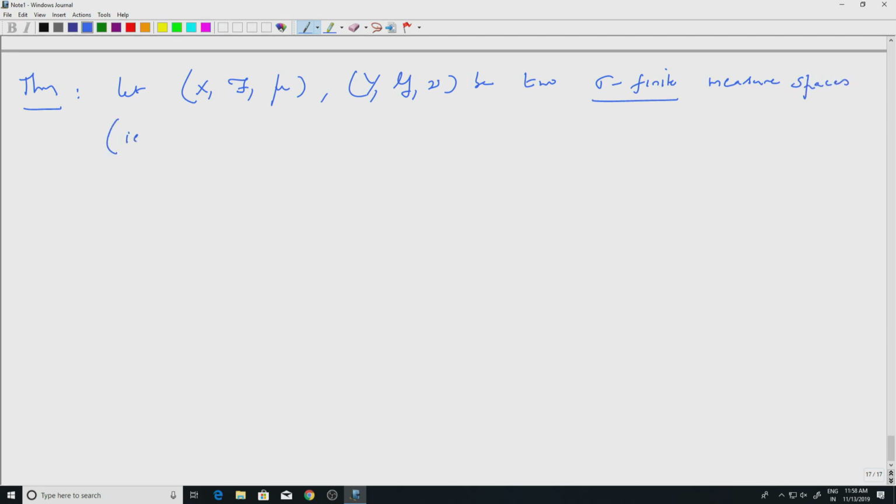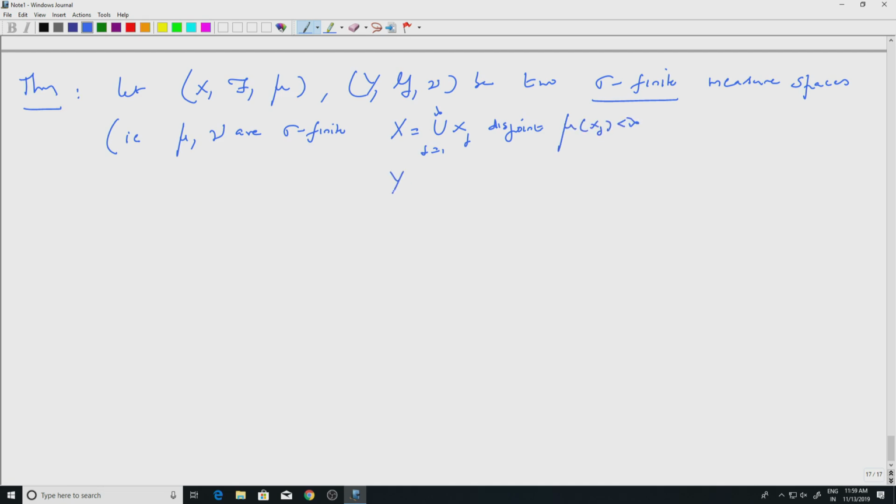They are measure spaces, and both mu and nu are sigma finite, which means I can write X as a disjoint union of X_j, j equal to 1 to infinity, and the measure of each is finite, mu of X_j is finite.